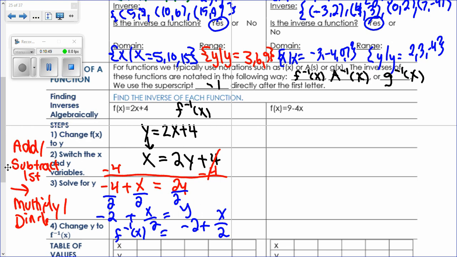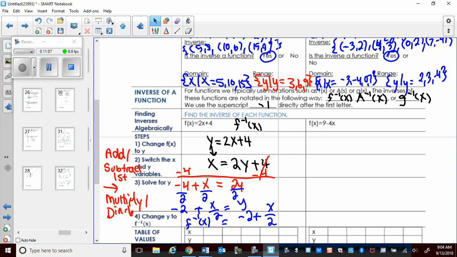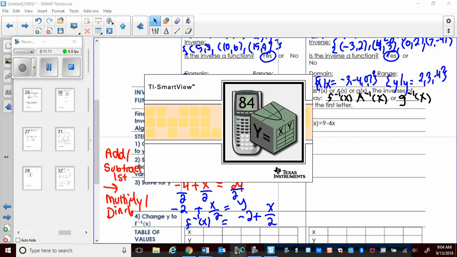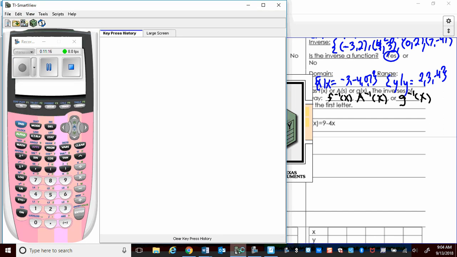And just to get a little practice with your graphing, or at least acquiring points, if you don't have a calculator, get one, but go to your graphing calculator, and you're going to put in negative 2 plus x divided by 2. Go to y equals, put in the equation you just found.